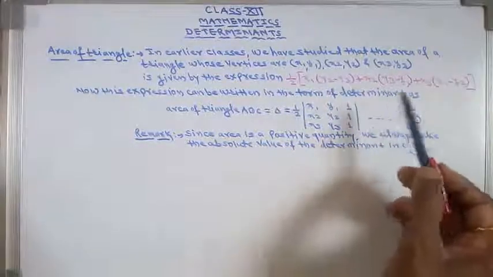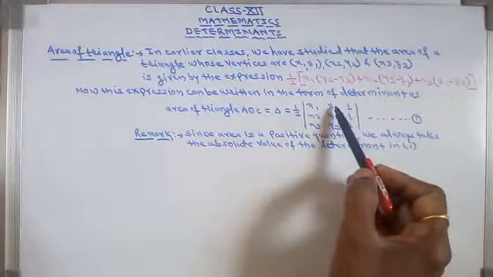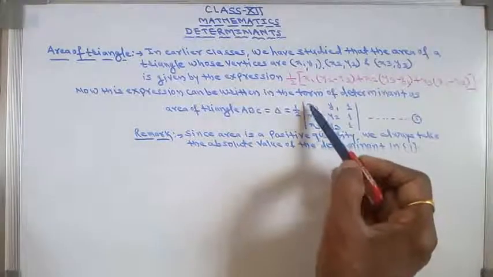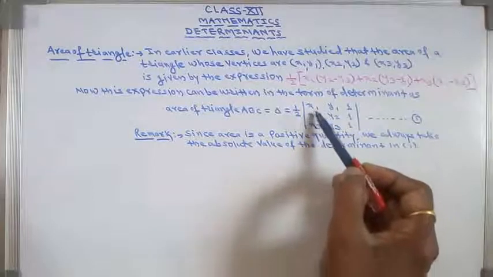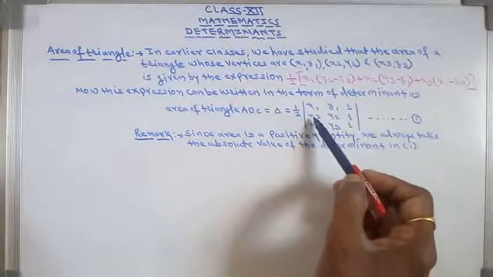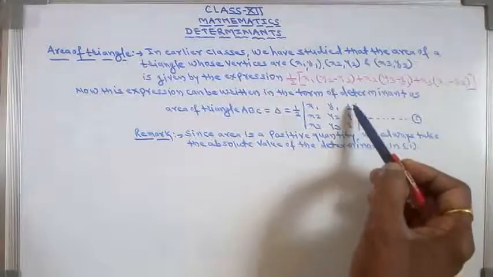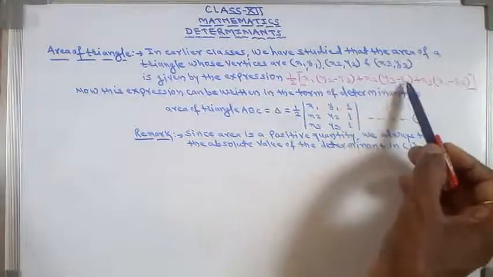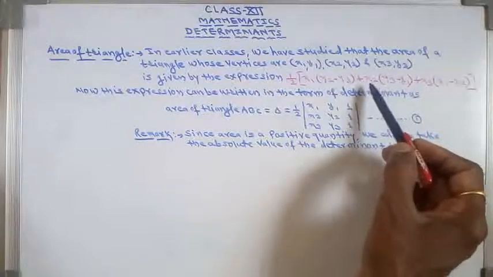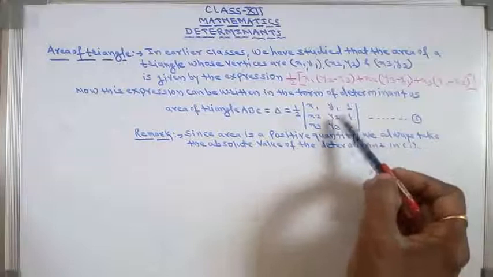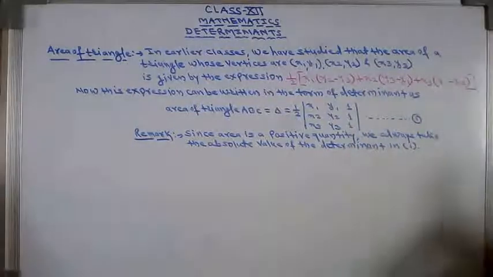I am expanding along column 1. Then minus x2 into (y1 minus y3), but I have taken y3 minus y1, so taking minus common, minus minus becomes plus, and x3 into (y1 minus y2).